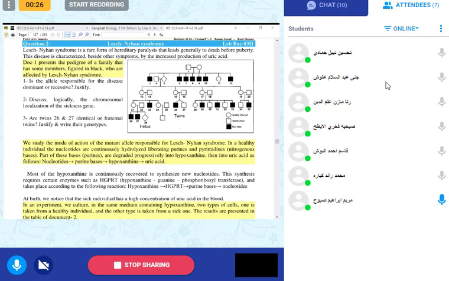This disease is characterized, beside other symptoms, by the increased production of uric acid. Document 1 presents the pedigree of a family that has some members figured in black who are affected by Lesch-Nyhan syndrome. Is the allele responsible for the disease dominant or recessive? Justify.